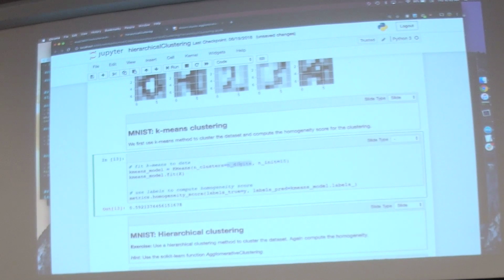We know we have 10 clusters because for this data set we know something ahead of time. Then we'll look at the homogeneity score, which tells us the percentage of points in each cluster that are the same class.